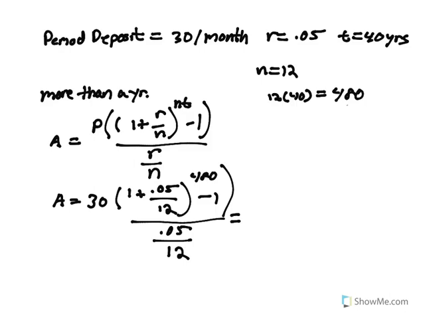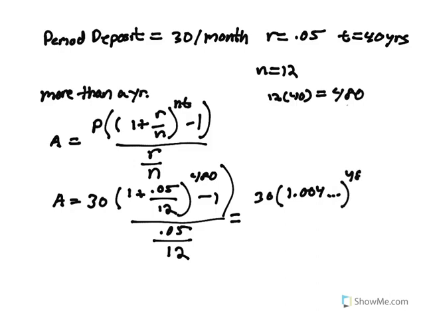So when we calculate 0.05 divided by 12, we get 0.00416667. We're going to add 1 to that, and we are going to get 1.004 and so on.